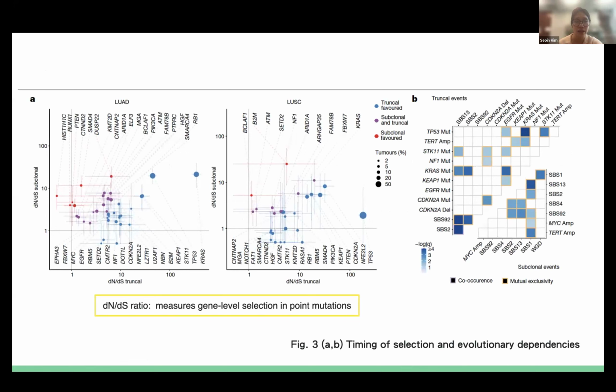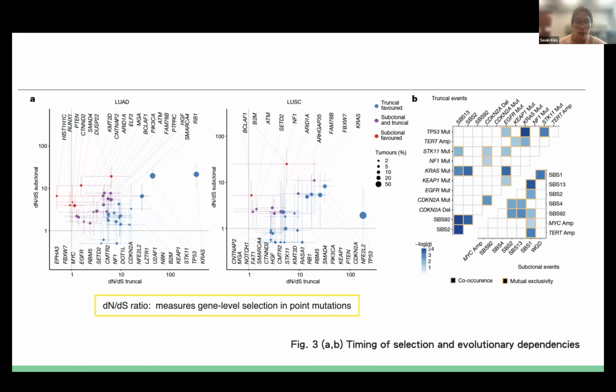And next, they calculated the dN/dS ratio, which measures gene level selection in point mutations. On the left, it's from the adenocarcinoma cohort, and they measure these mutations in genes that are frequently mutated in cancer. The blue dot represents the truncal selection, and the red dot is subclonal selection favored.